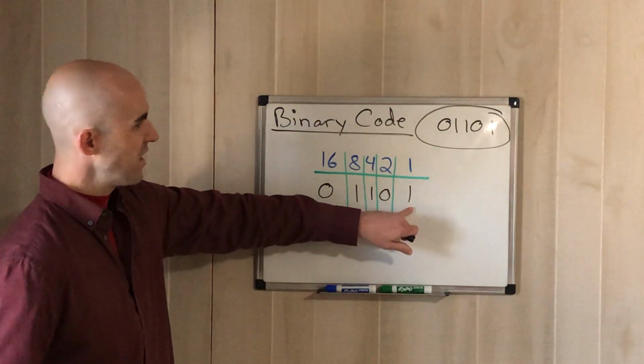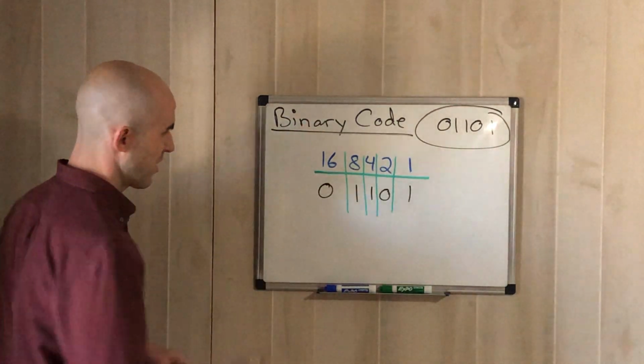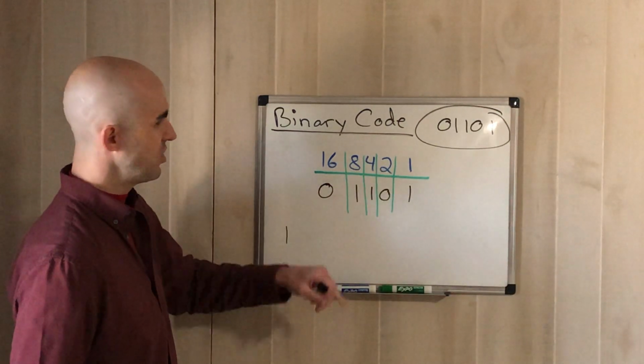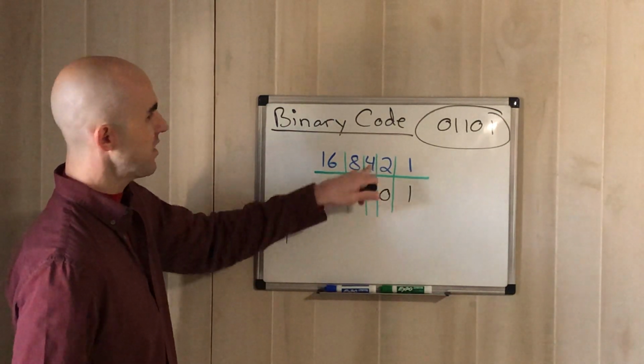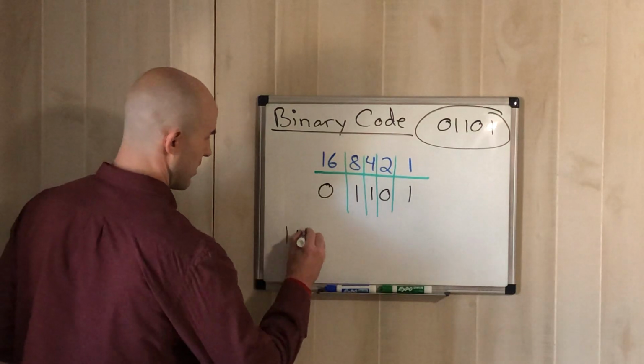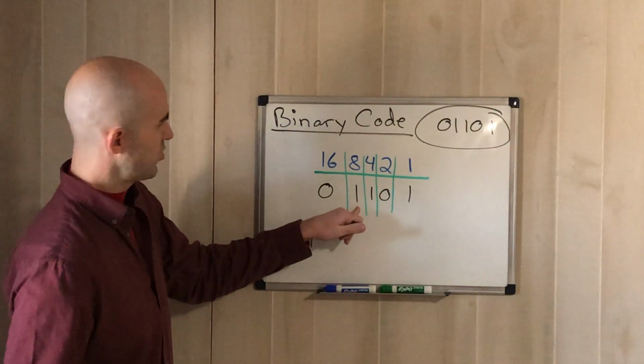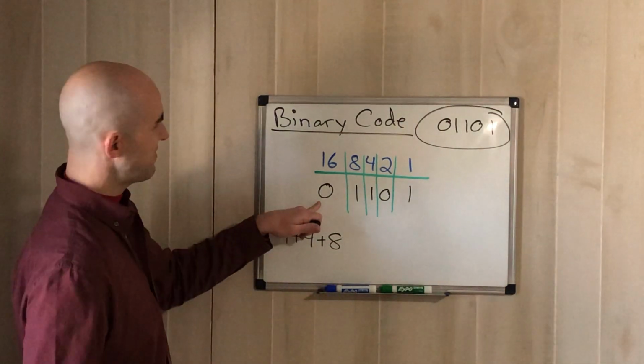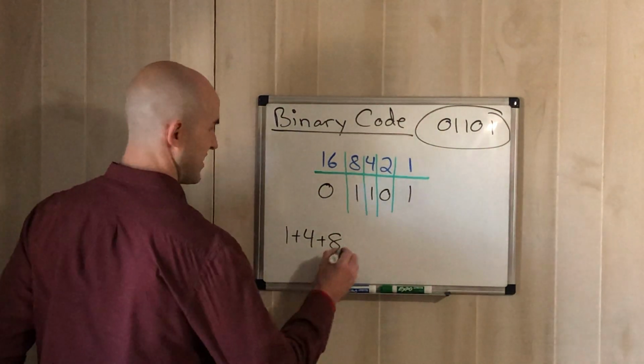So, since there's a 1 there, that's worth 1. Since there's a 0 there, we don't have the 2. Since there's a 1 here, we have a 4. Since we have a 1 here, we have the 8. Since we have a 0 here, we don't have a 16, right?